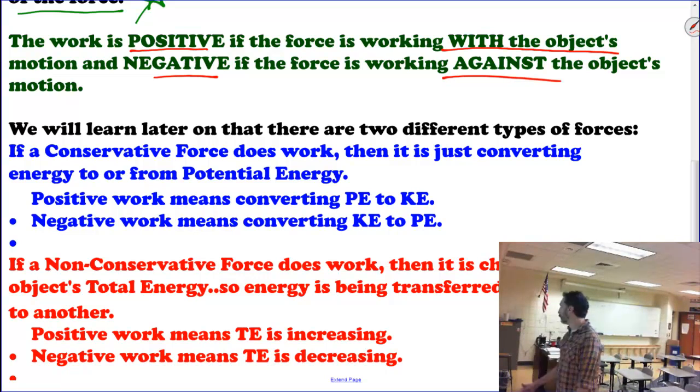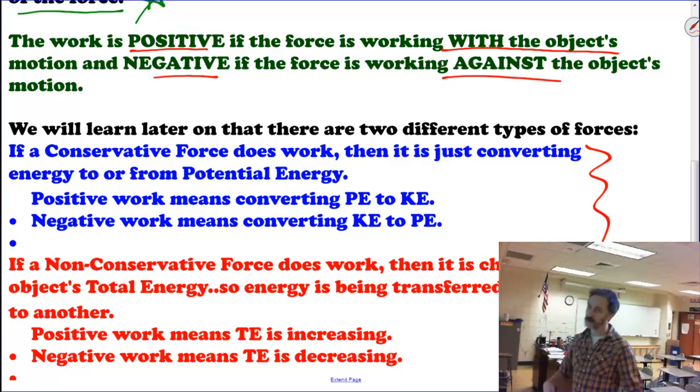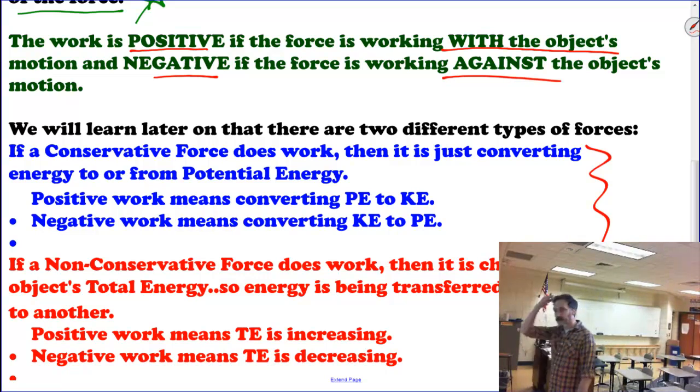And then there are non-conservative forces, which are important because they are capable of changing the total energy of an object. So anyway, I wouldn't get too bogged down with these two ideas right now. You might scribble them down. You'll see this again, but I think writing it down now will hopefully give you a little time to process it before we get to that part in the chapter.